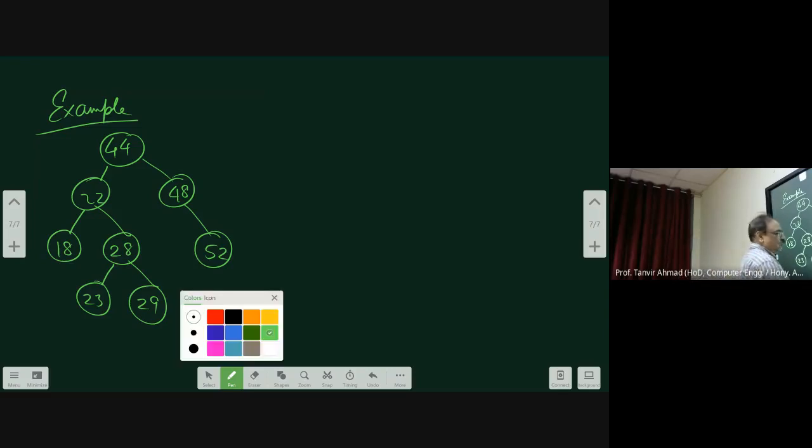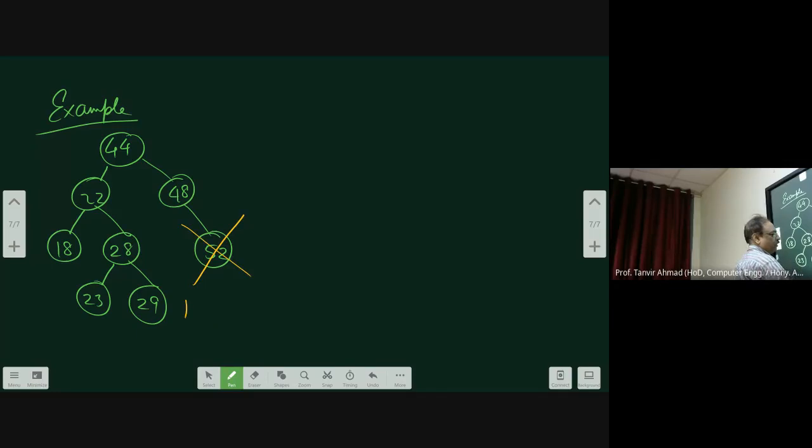And then you are going to delete this node. Now, from this point, this is A, this is B, this is C. Now, check the balance factor of B. This is 1 minus 2, therefore, this is minus 1.